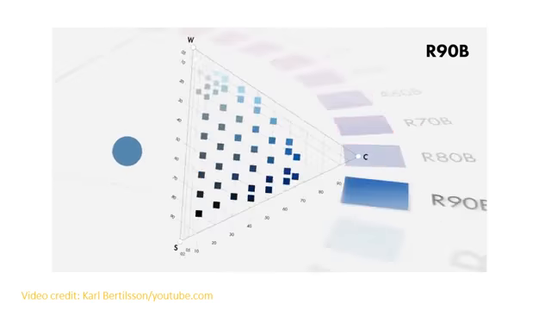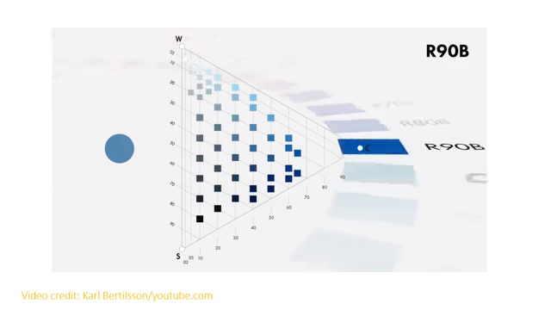Now that we know the hue of our color, we need to describe its nuance. All the colours in this triangle have the same hue, R90B, but differences in blackness, whiteness and chromaticness. Our sky blue is not so black, only 20%, but it's quite strong or chromatic, 40%.